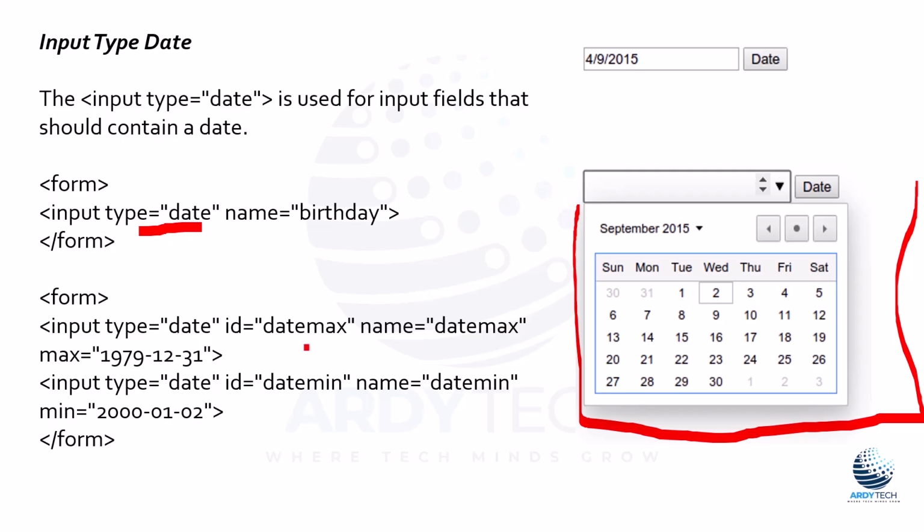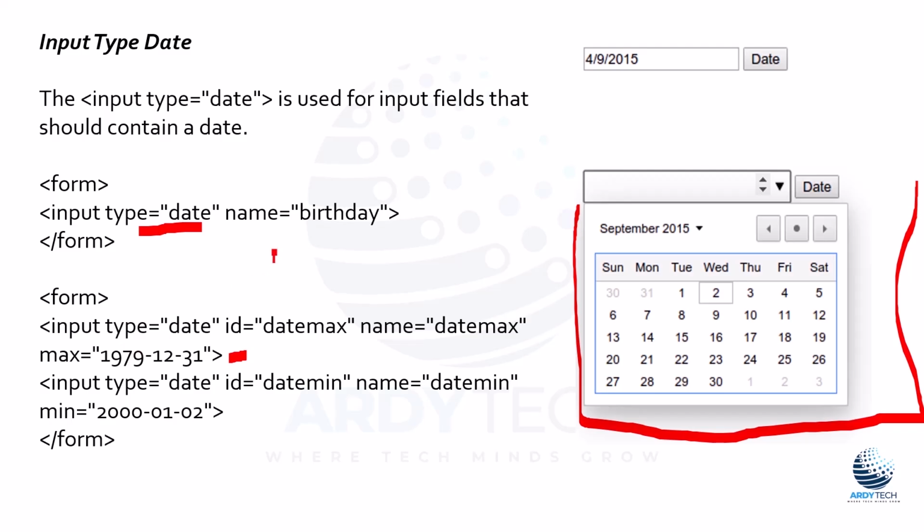Now, max and min are attributes within the date input, which give the user the ability to select a specific date. There are certain ranges in which the user can only see the dates that are set as max and min. For example, if the maximum date here is 1979, it simply means it cannot go beyond 1979.